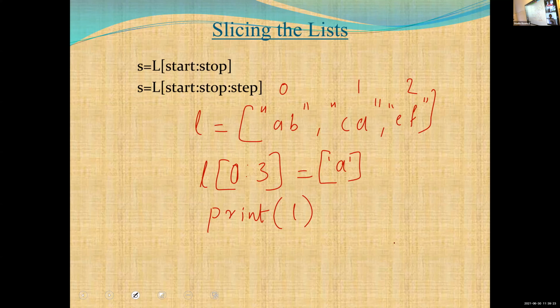This is another category of modification using slicing. We have to change three values. We have to modify A, B, C, D and E, F, but we are giving only one value for modification.